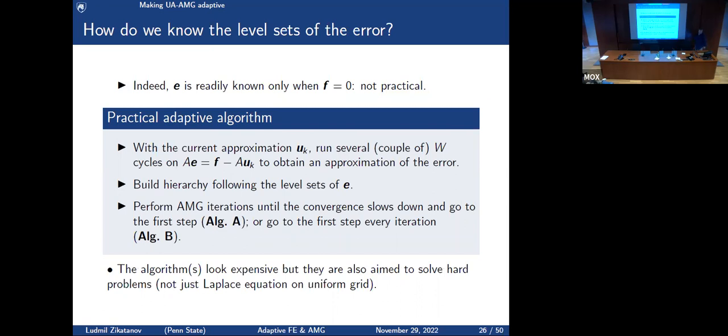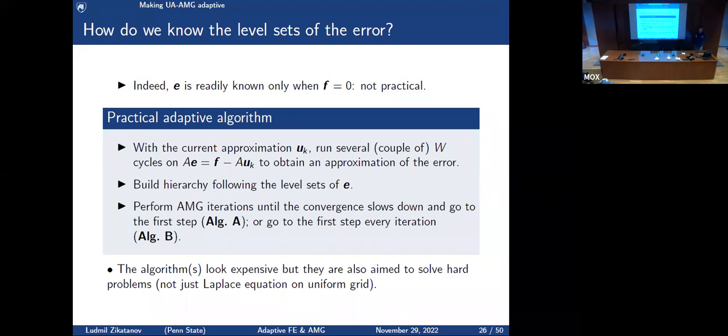So here is the practical adaptive algorithm, which is as follows. So we run W cycle. In algebraic multigrid, there is V cycle and W cycle. Think about W cycle as more expensive, but hopefully it will bring you closer to your solution.